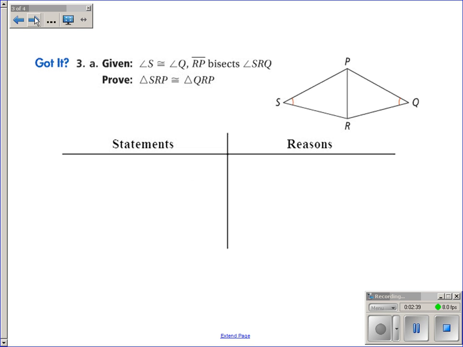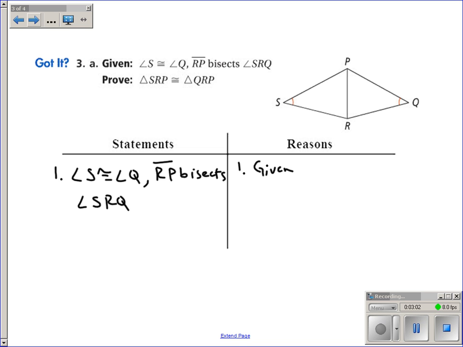All right, next one. Another proof, we're given that angle S and Q are congruent, and RP bisects angle SRQ. So that's my first statement, and my reason is it's given.